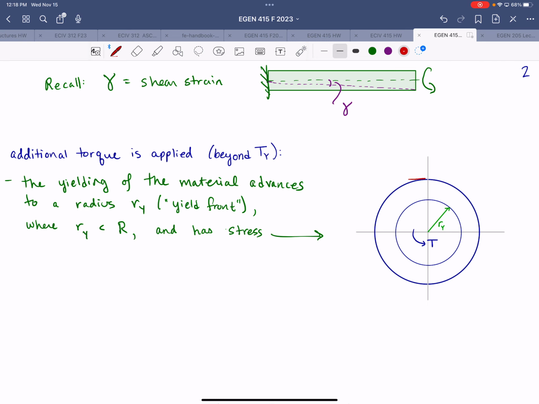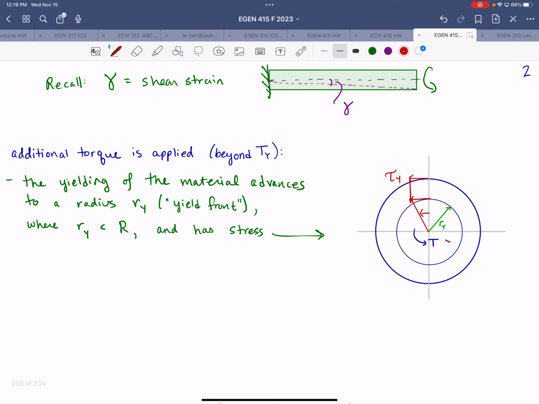So we would have our yield stress constant at that yield value in the portion that has yielded, and then beyond that, a linear decrease to 0 at the center of twist.